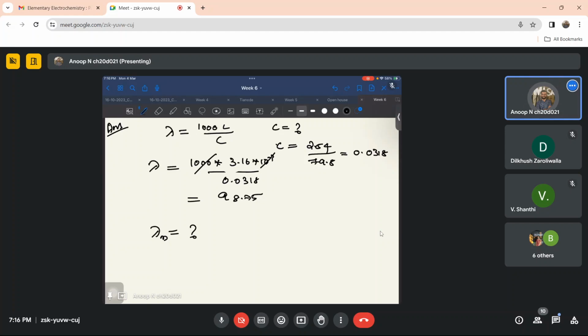Some small value changes. 98.75 Siemens centimeter squared per gram equivalent.